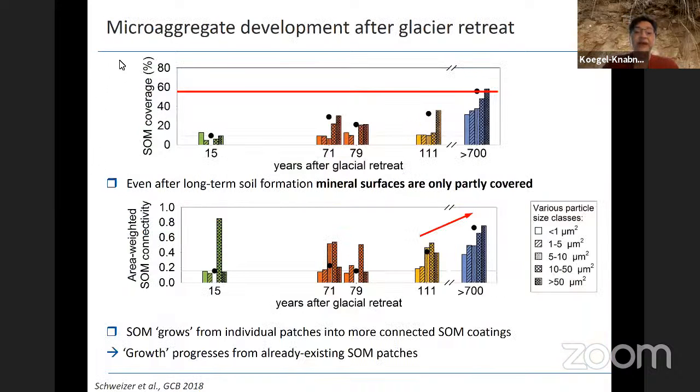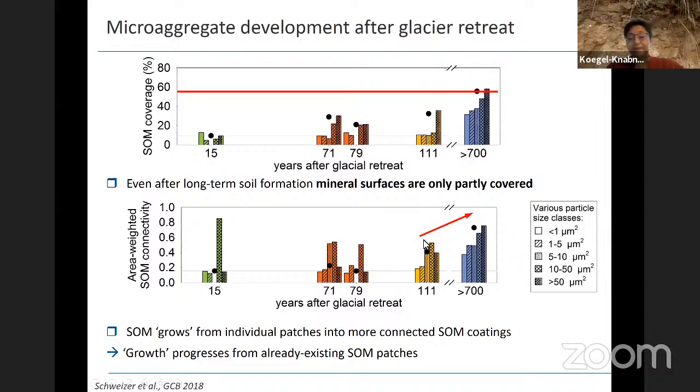If we then look at the SOM coverage in a number of particle size classes, we don't need to go into detail, but we see that it increases with time and increases again in the mature soil. And so the coverage increases, but even after long-term soil formation, the mineral surfaces are only partly covered. And if we look here at the SOM connectivity, we see that in the more mature soils, this increases.